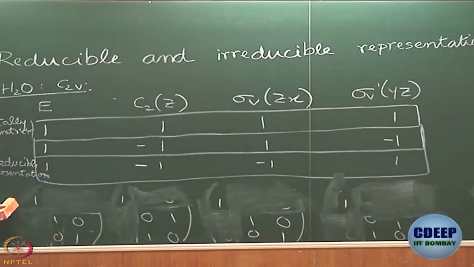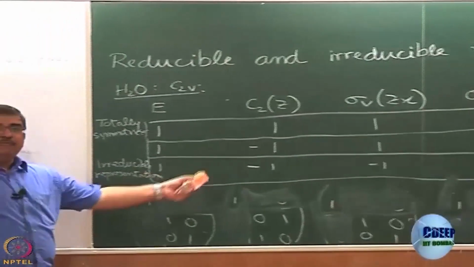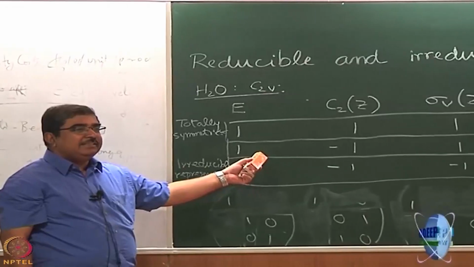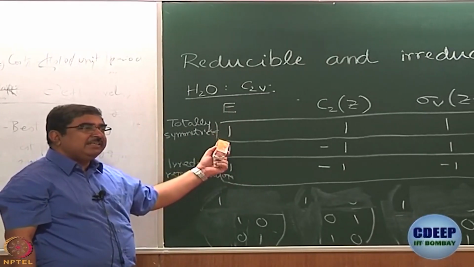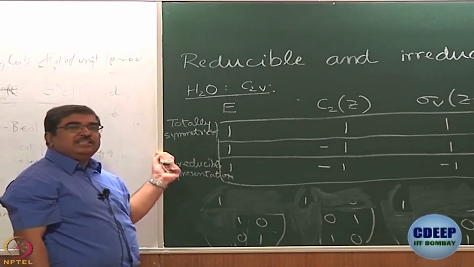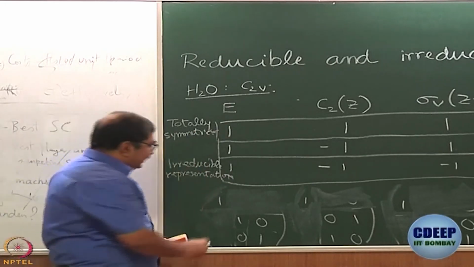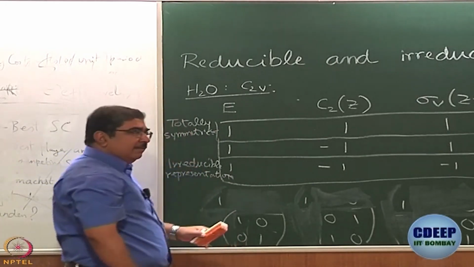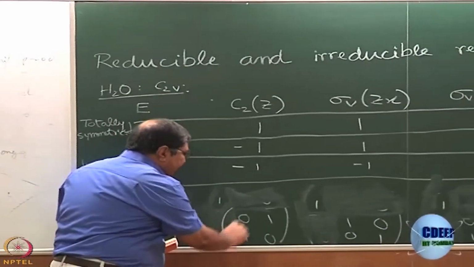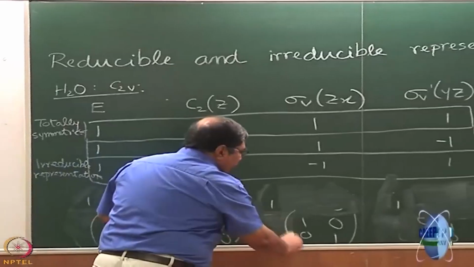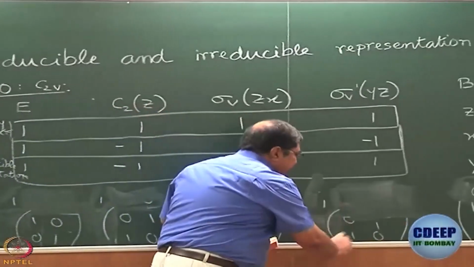For O, the representation that I get is 1 1 1 1. Have we encountered this somewhere else? Here, when we use Z, we got the same representation, and it is, as we said, the totally symmetric representation. What about X and Y? In X and Y, the representation that you get is 1 0 0 1, 0 1 1 0, 1 0 0 1, 0 1 1 0.